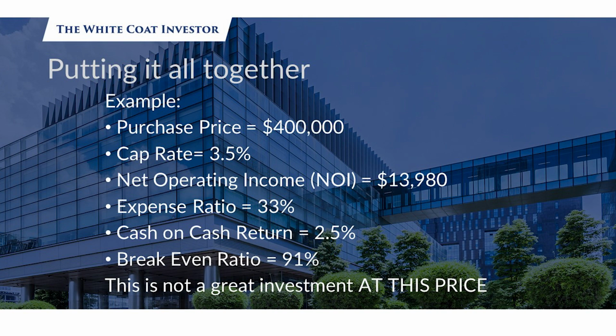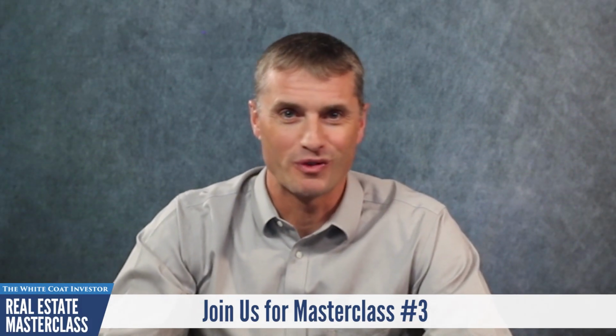So at this price, you can pretty much know that this is not a great investment. And the way you learned that was by running the numbers. So despite it being a cash flow positive investment, it's probably not a great investment. I'd also like to know where you got that mortgage from.